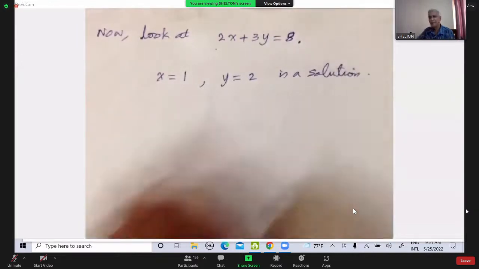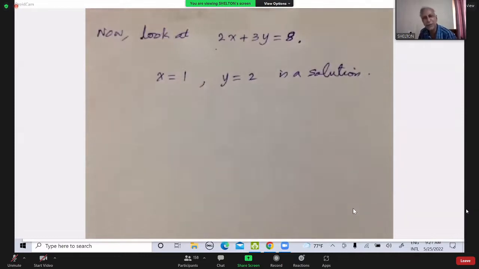Why? I explained what a solution means. When substituted, it satisfies the equation.